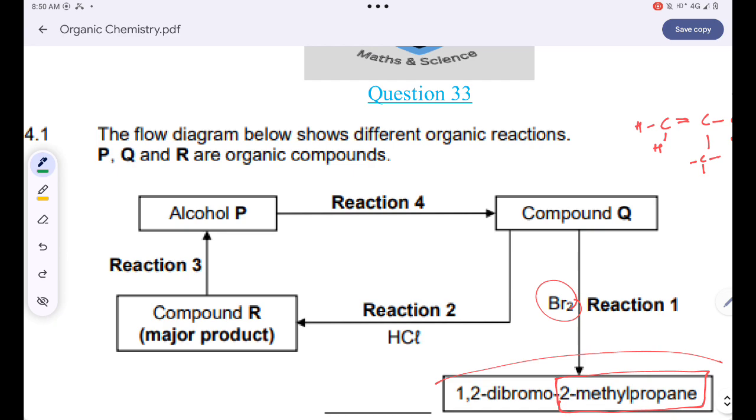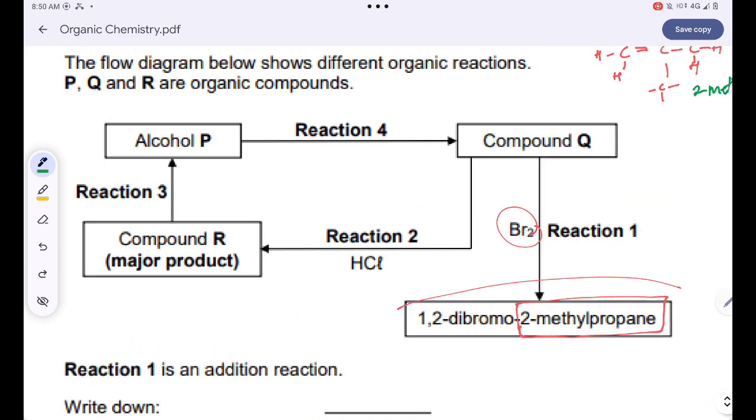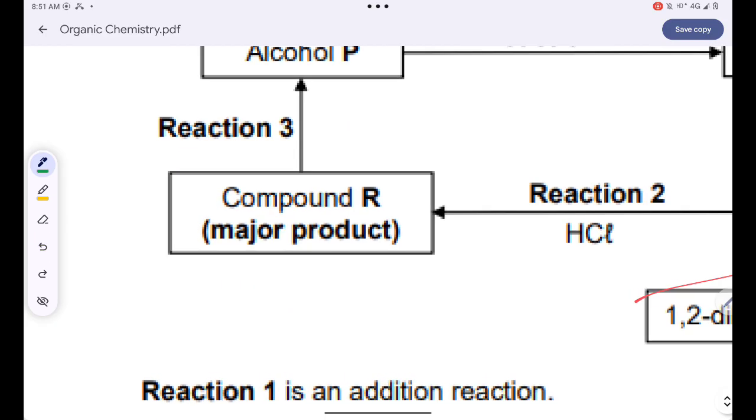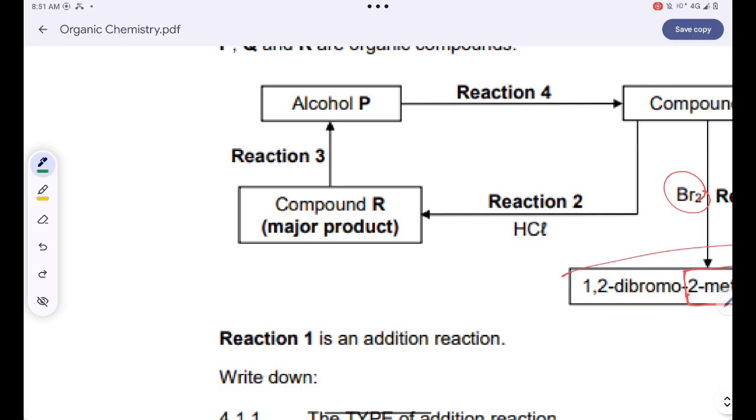Reaction 2, we are taking our methyl-prop-1-ene, we are reacting it with hydrogen chloride gas, and then we will form a major product.